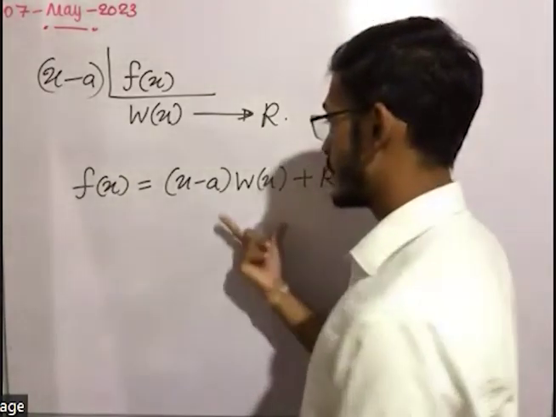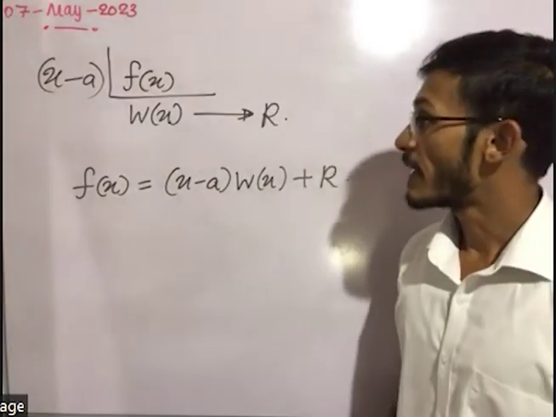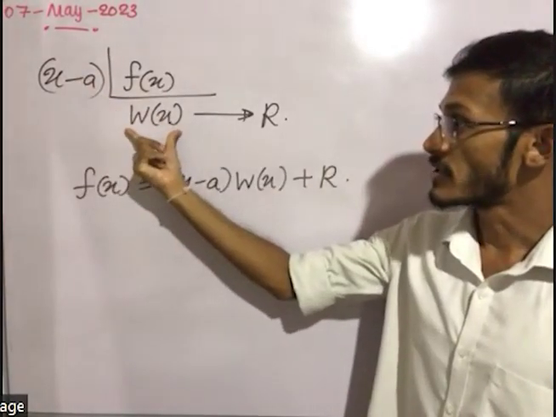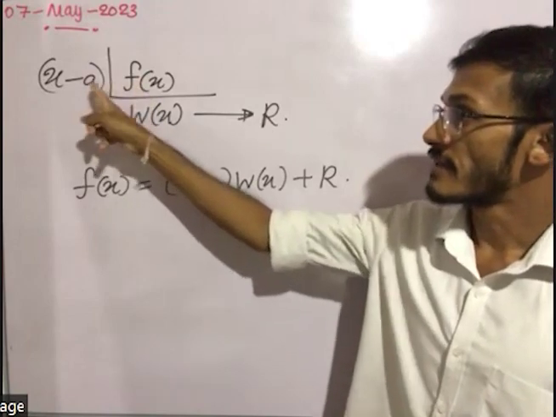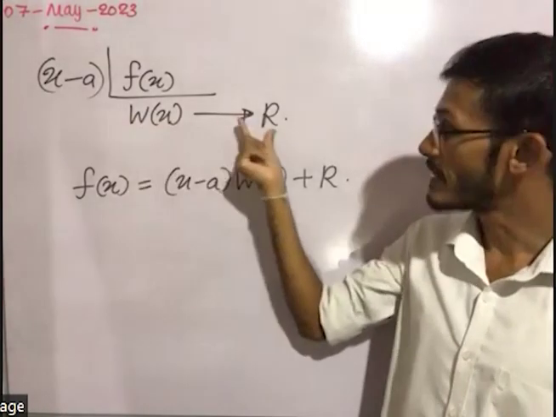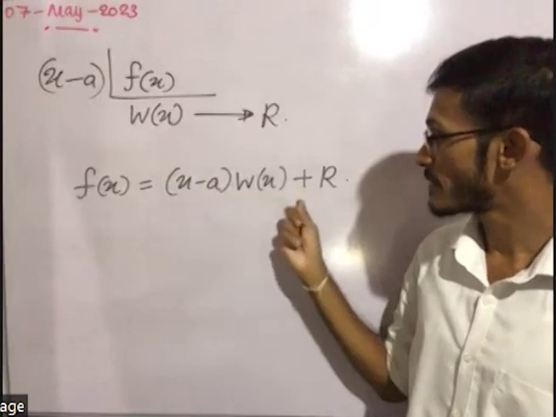Now we have done this in the last session, but this is just a reminder, a small summary. So when f(x) is divided by x minus a, the quotient is w(x) and the remainder is r. So we can write f(x) equal to (x minus a) into w(x) plus r.